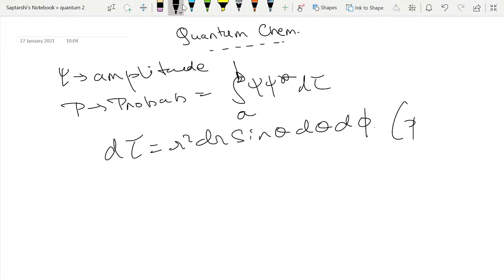These are the polar coordinates, which are mainly used in quantum chemistry, especially for the hydrogen atom. For particles in a box and SHO, normally only Cartesian coordinates are used.